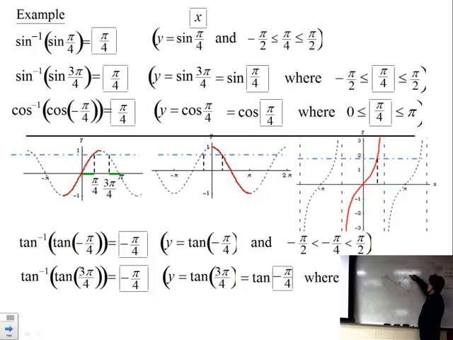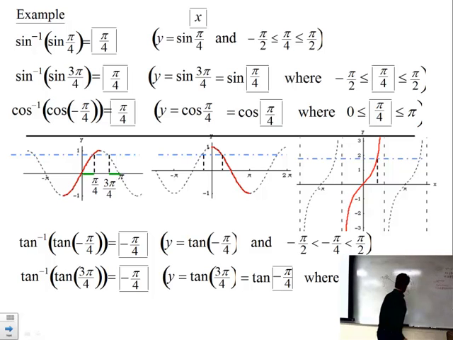So it's this angle that's going to be the answer, which is plus pi over 4. Okay. All right. Questions? How did you get plus pi over 4? Because I'm looking for an angle that has the same cosine as this one, but it's in the official cosine domain for the inverse.